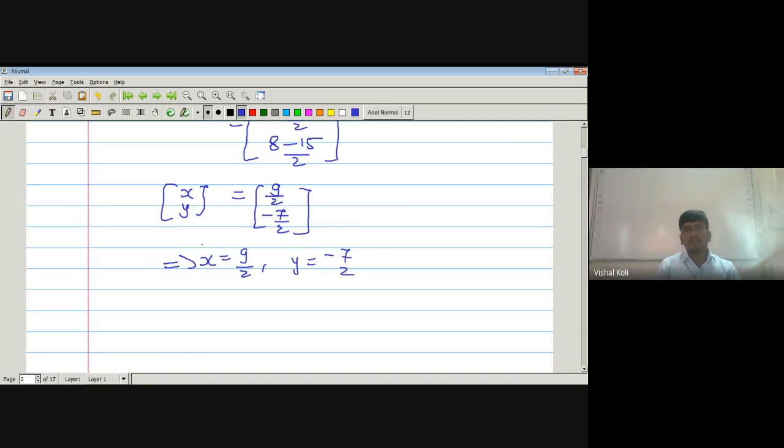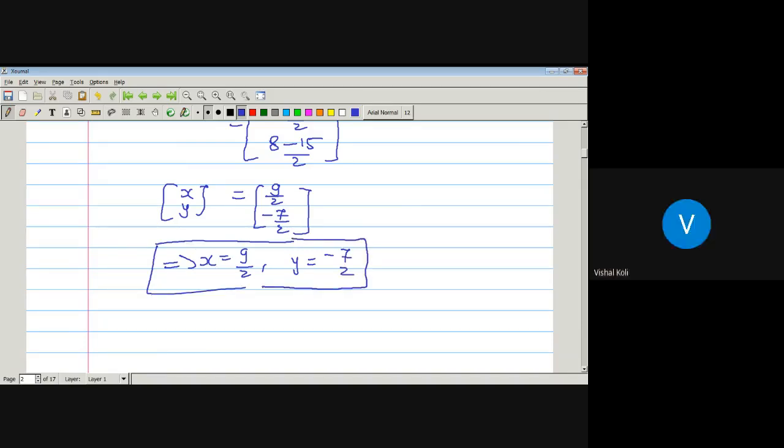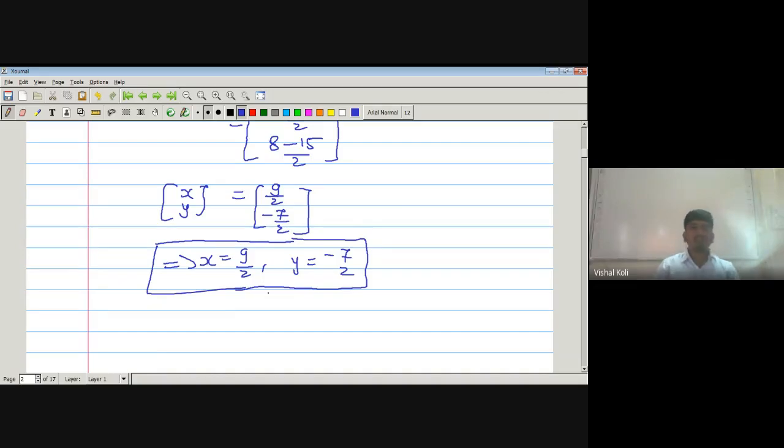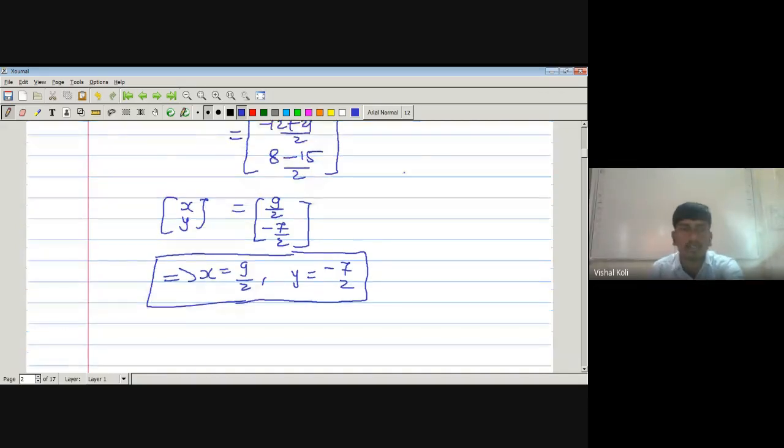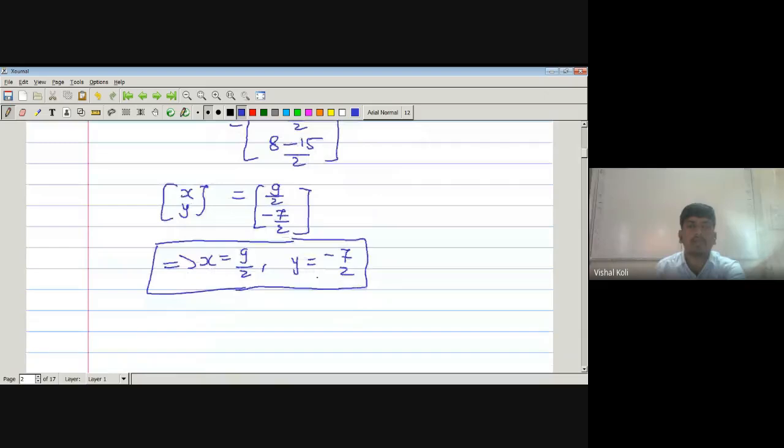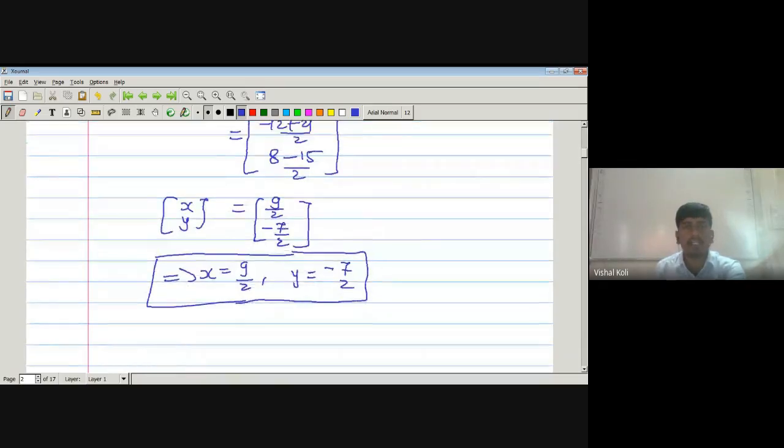So this is the required solution of the given system of linear equations. Now check whether this solution is correct or not. To check this, we just have to put these values, x equals 9 by 2 and y equals minus 7 by 2, in the given equation.